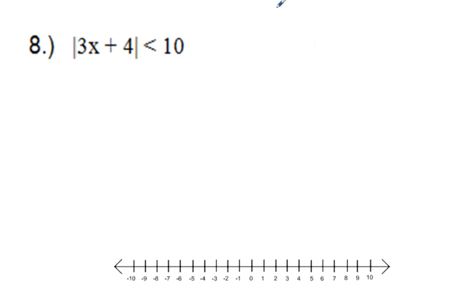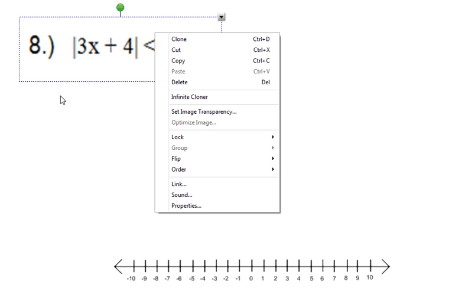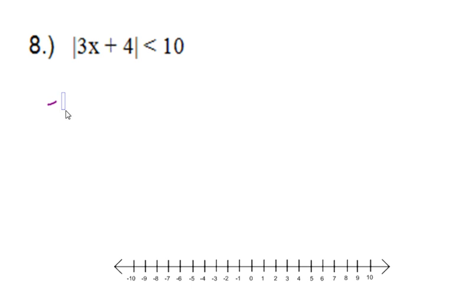For this inequality, when we write our compound inequality, we're going to start off writing negative 10 on the left side of what will be our compound inequality, followed by the less than symbol, and then our part that's in parentheses, which is 3x plus 4.